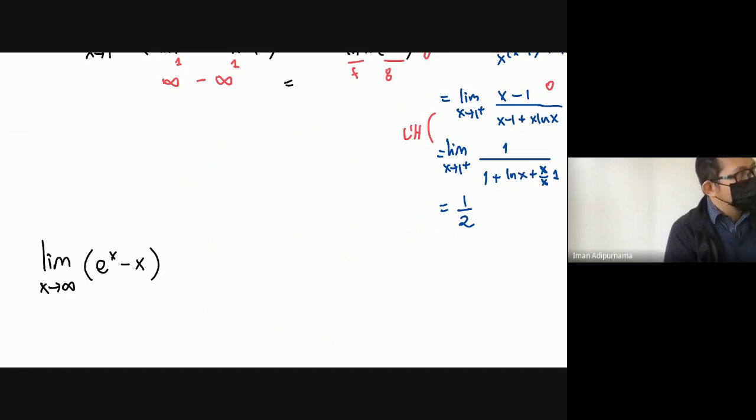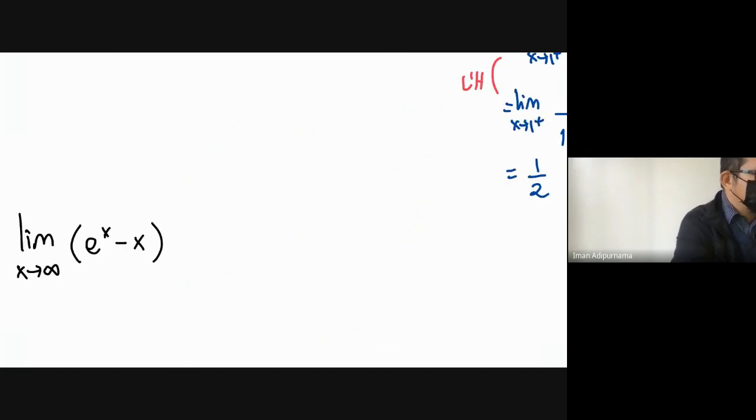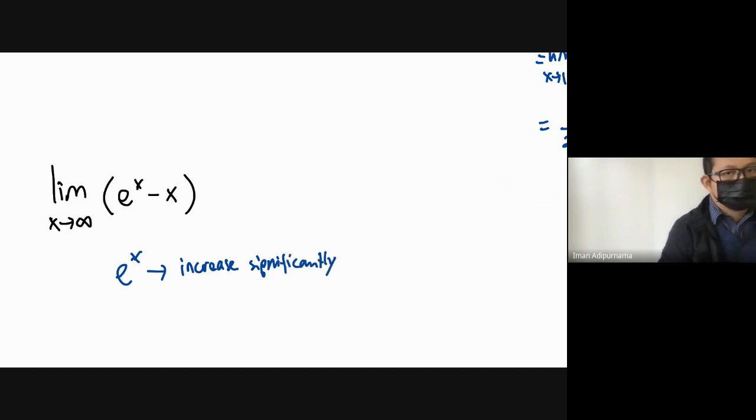We can solve this first by graph. By graph. Okay. You can make some argument that e to the x is actually increasing really fast, right? Increasing significantly compared with x.